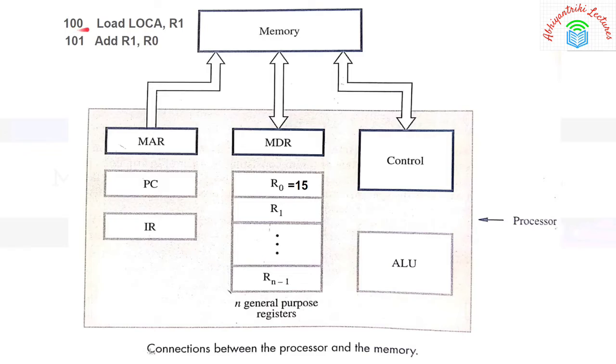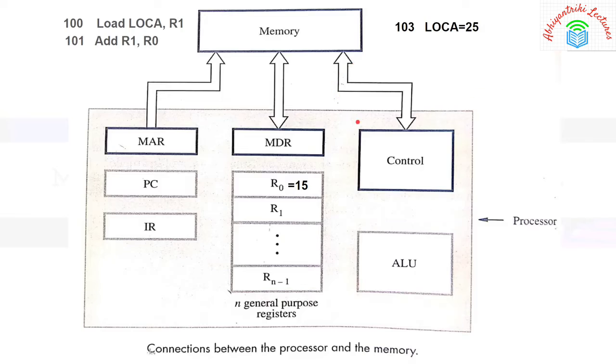In our example, the address of the load instruction is 100 and the address of the add instruction is 101. LOCA is a memory location with address 103, and the data is 25. LOCA is just a name given to the memory location, because it is very difficult to remember the address. That is why we are using LOCA here.